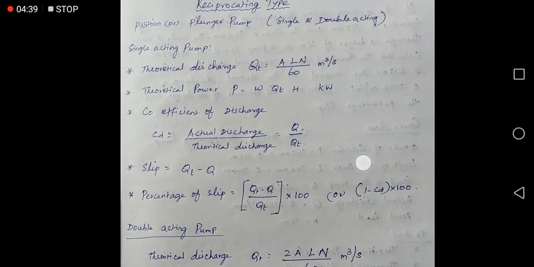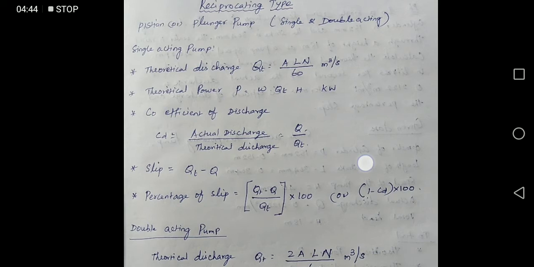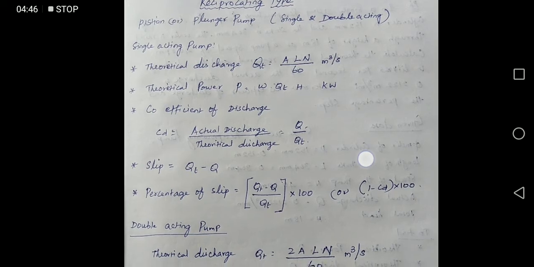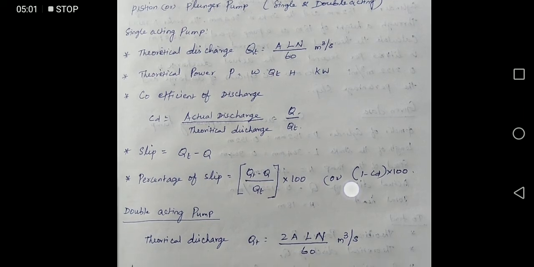A is the cross section area of the bore diameter or piston diameter. L is the length of the stroke. The piston moves to and fro, right hand side to left hand side, with respect to time. N is the crank speed.